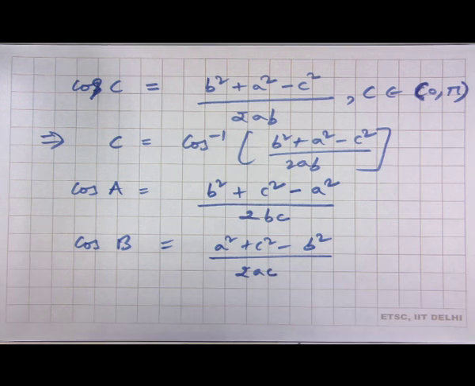So, essentially the cosine law helps us find the three angles if we are given the lengths of the three sides of a triangle.